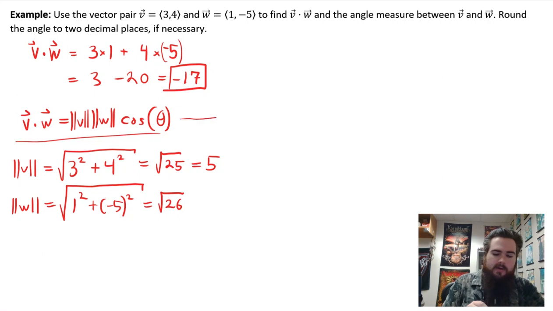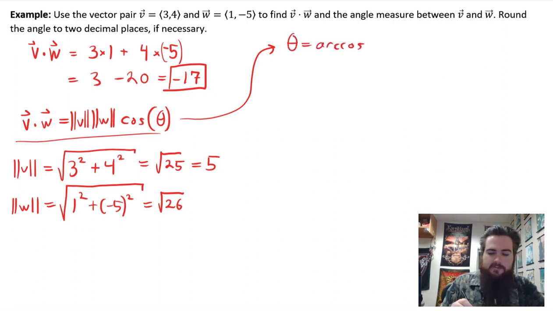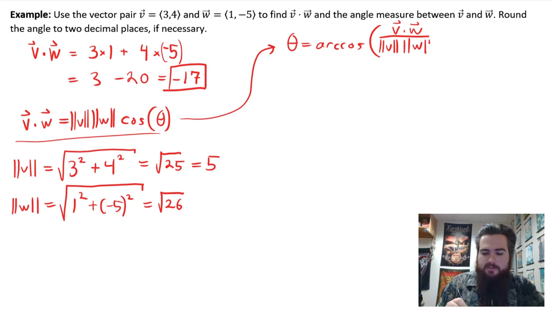But now I can use the geometric interpretation of the dot product to solve for theta. Theta here would be arc cosine of the dot product divided by the two magnitudes. So v dot w divided by the magnitude of v times the magnitude of w.